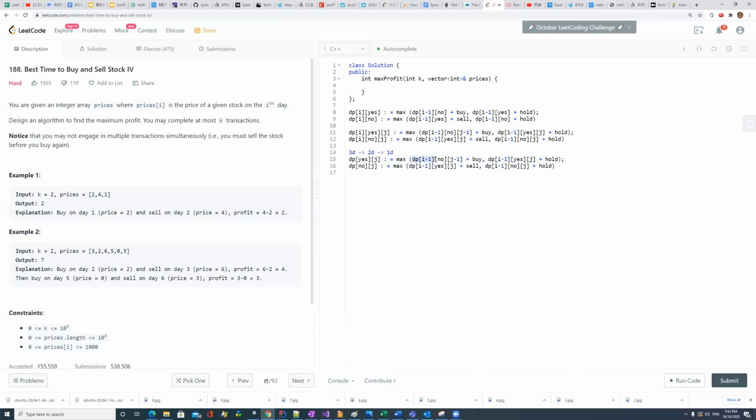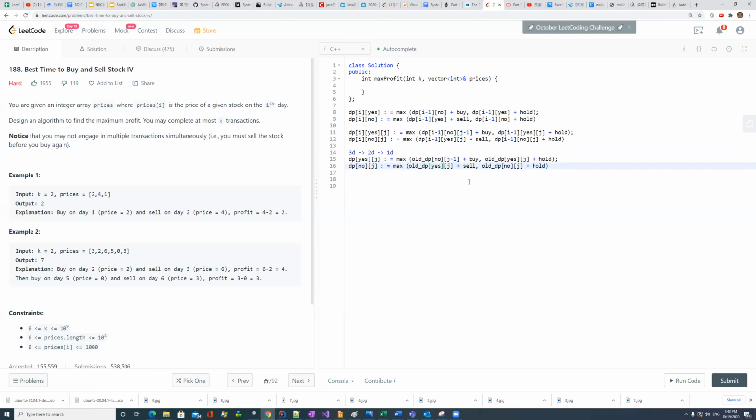I will define the old dp as the previous dimension, and this will be reduced to a two-dimension array. I can also continue to reduce one more dimension. That dimension is for the yes and the no, and I use a two-number array to represent it.